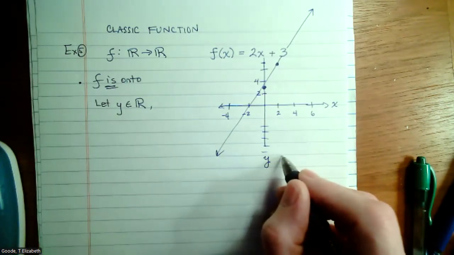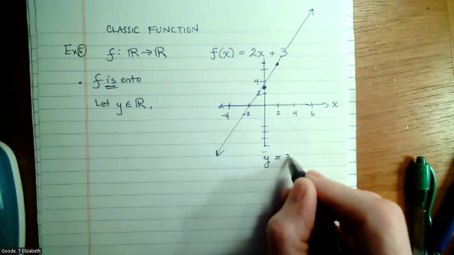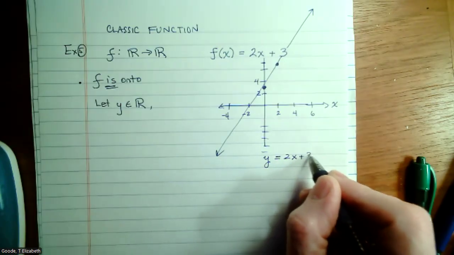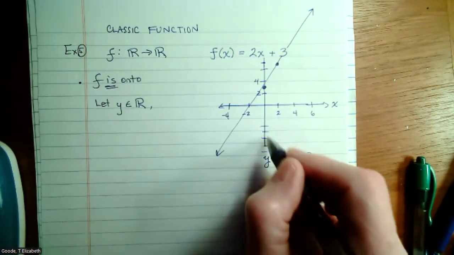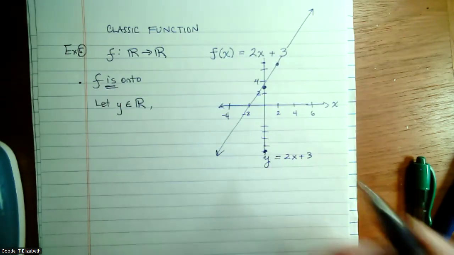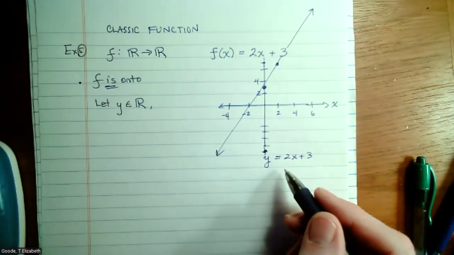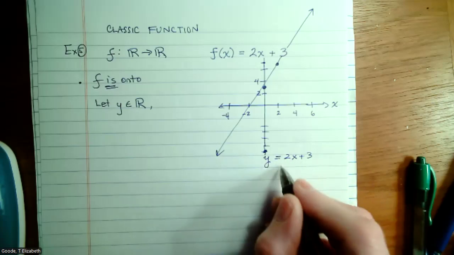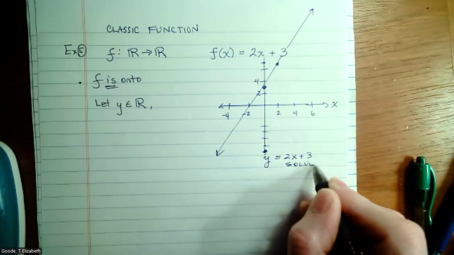Just think about it. We want y to equal 2x plus 3, right? Where y is some value like there. Well, you just solve for the x that will hit that y. Just solve for x.